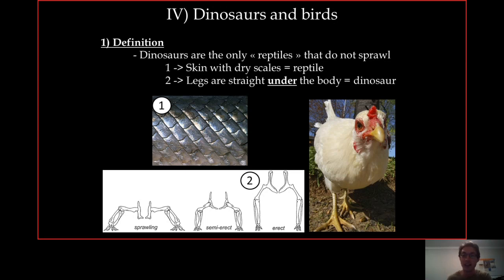And if you look at this chicken that you've seen in the quiz, it has scales on its feet, and its legs are right under its body. So by definition, this chicken is a dinosaur. It combines the two characters of the dinosaur, of the dinosaurishness, if I can say.